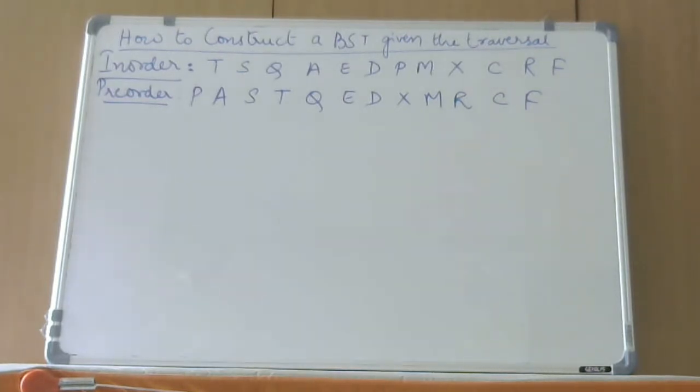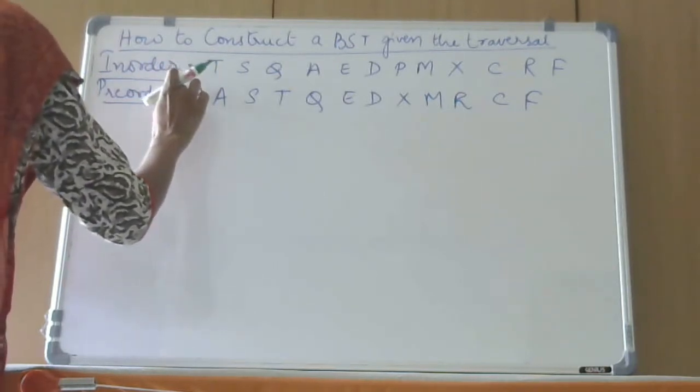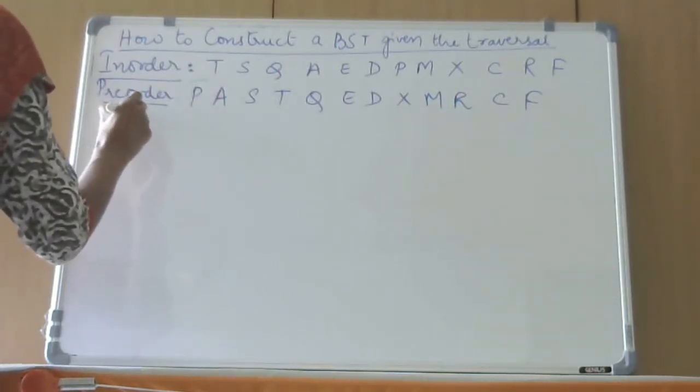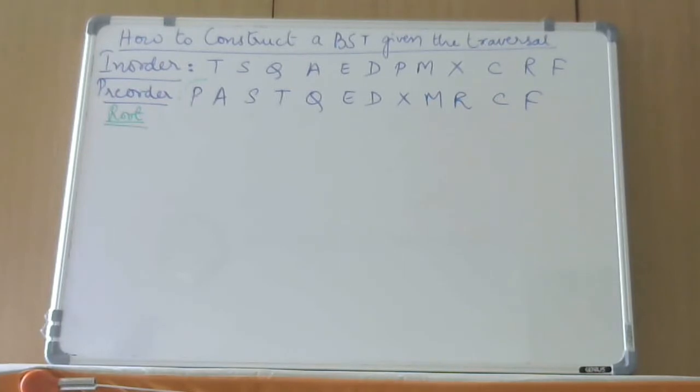Now, if you look here, whenever you have the pre-order traversal, pre-order means what? Root, left, right. So pre-order traversal always starts with the root of the tree.